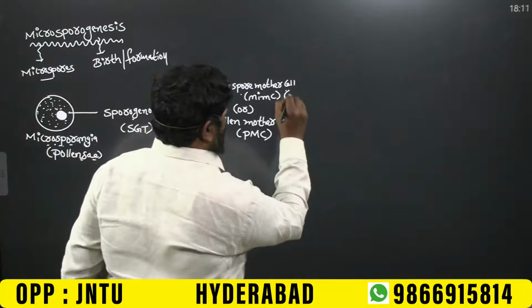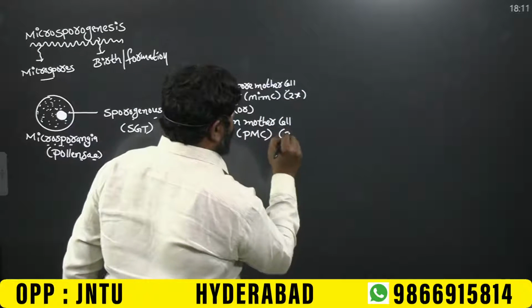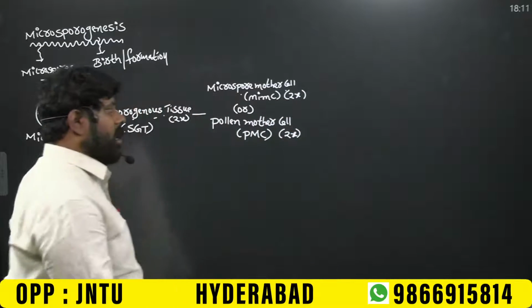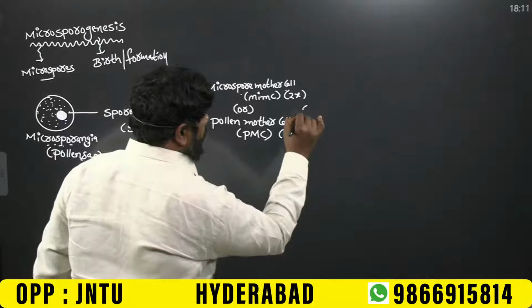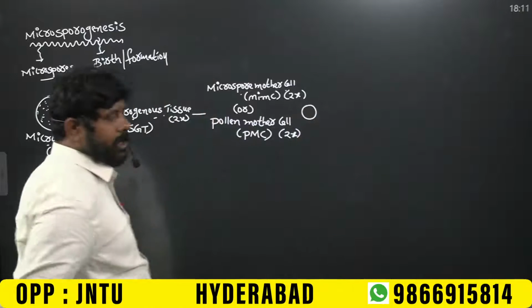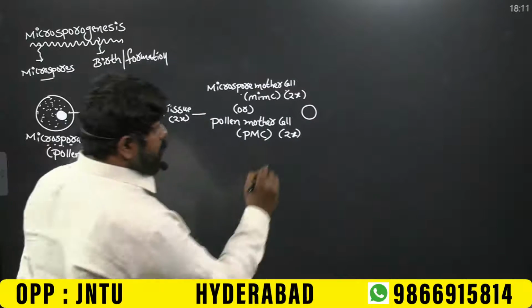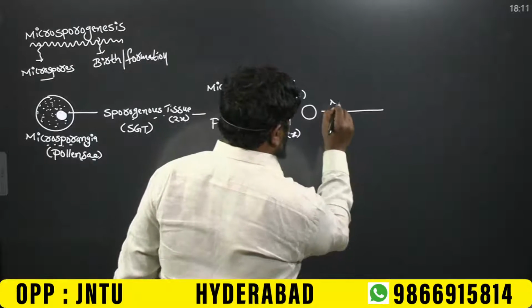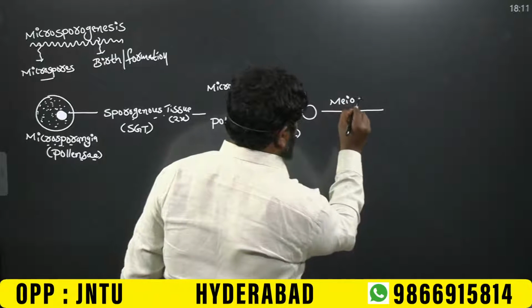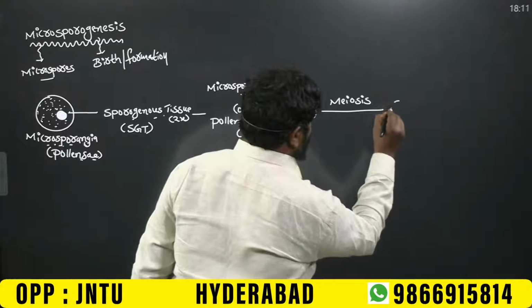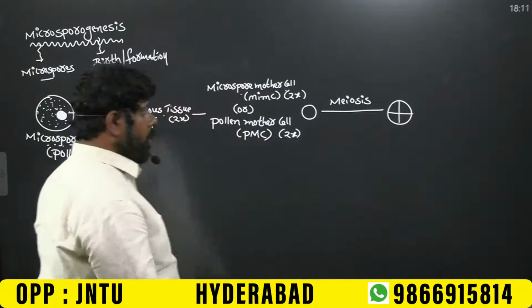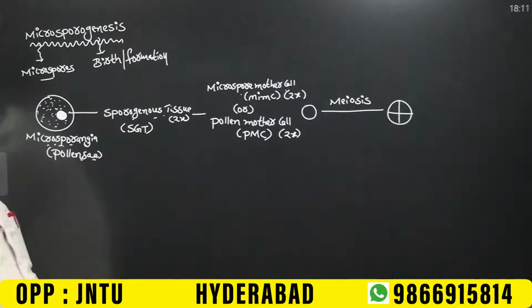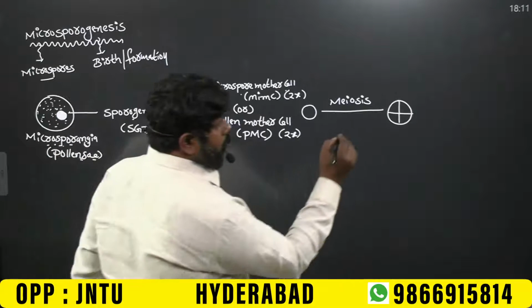Mother cells are always diploid. Imagine this is the microspore mother cell. This diploid microspore mother cell undergoes reduction cell division, that is meiosis, to form 4 microspores.